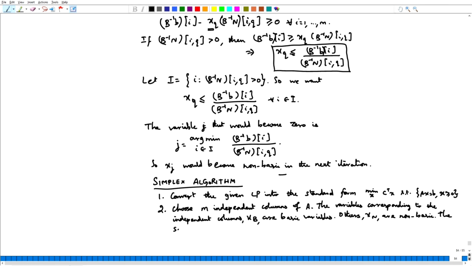So, the solution x_B star, x_N star, which is B inverse b comma 0, with B inverse b greater than or equal to 0, is a basic feasible solution, BFS.